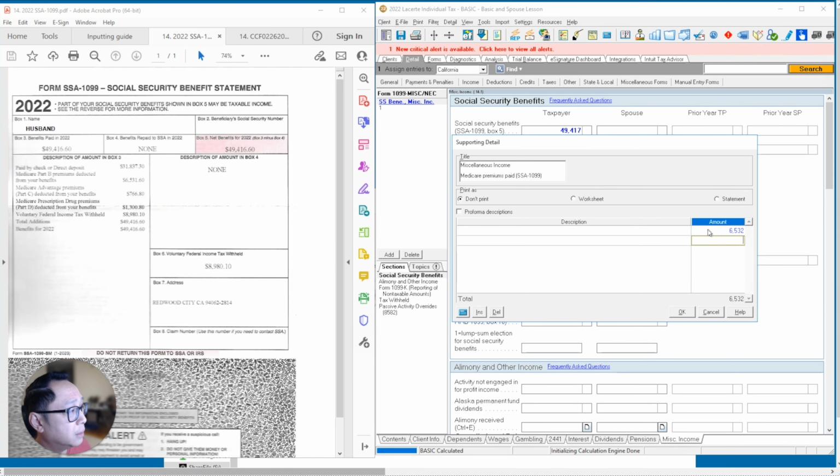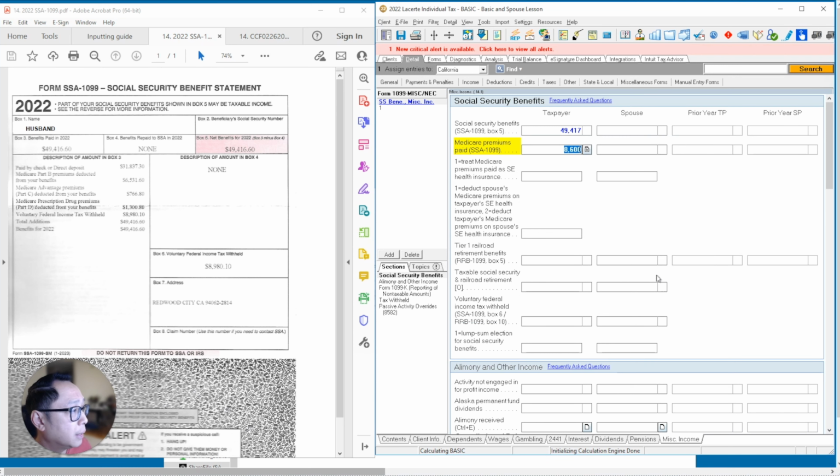So instead of entering into the calculator and trying to get the total yourself, I just enter it in here. I'm just entering in these numbers: 6531, 767, and 1301. Oh, 6532, that's what it is. Okay. So it totals everything up in here for you, so you don't have to worry about it.